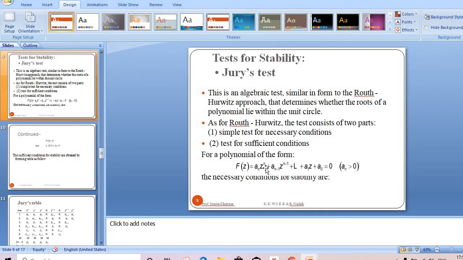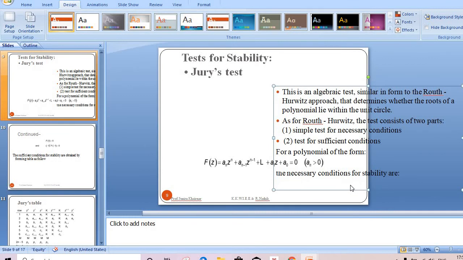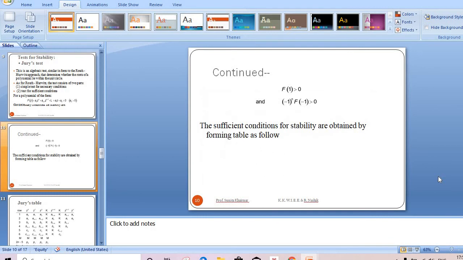Suppose our n is 4. So what will be our equation? A4 z raised to 4 plus A3 z cube plus A2 z square plus A1 z plus A0 equal to 0. These coefficients A0, A1, A2, A3 are used to draw Jury's table, and it will be like this.